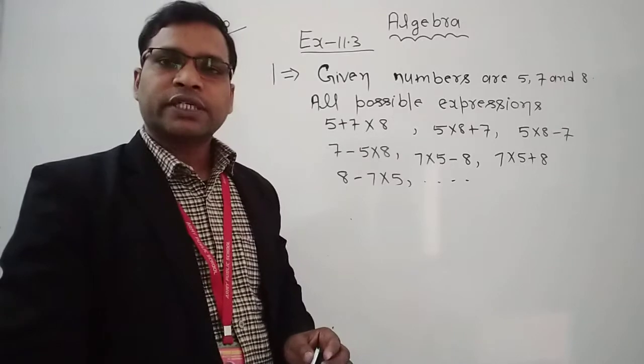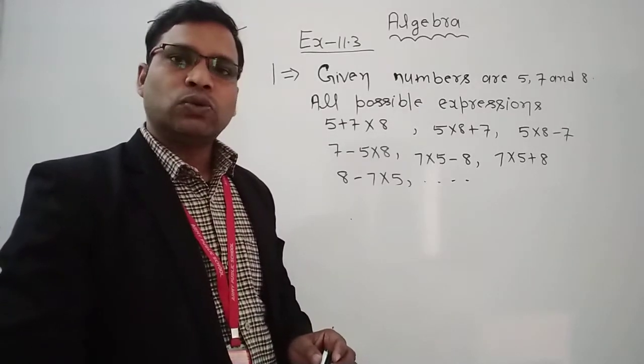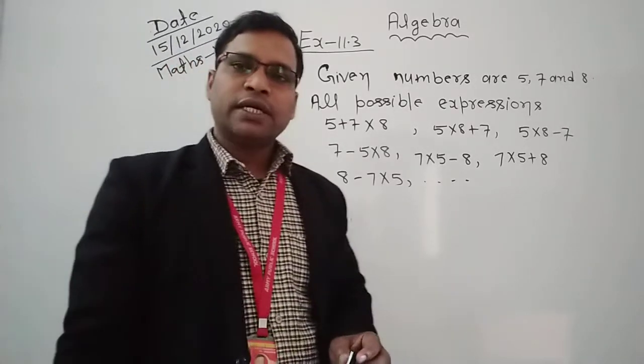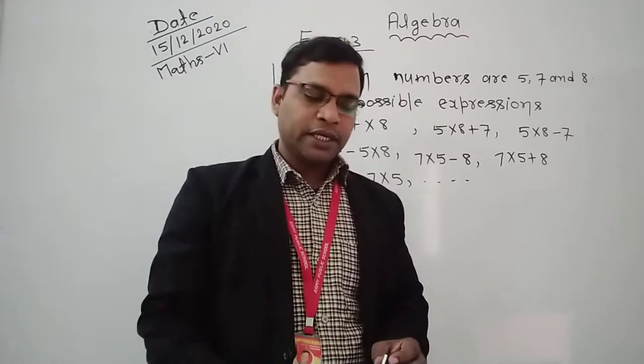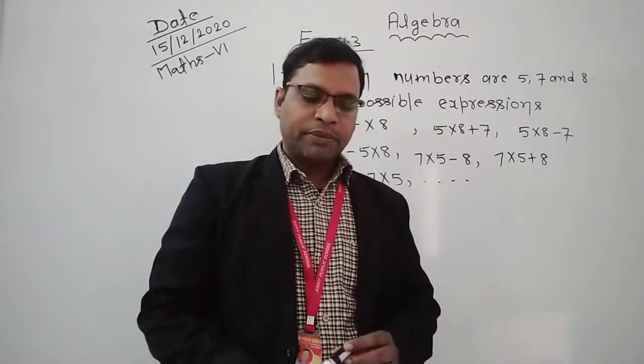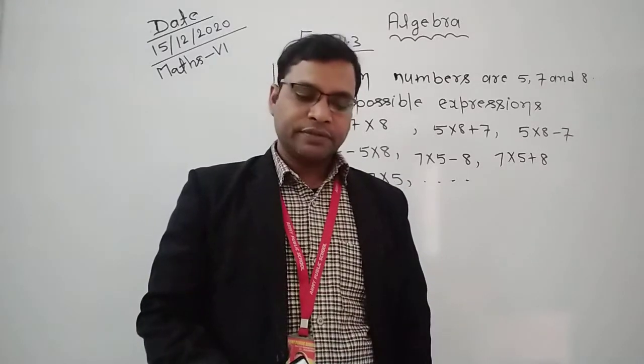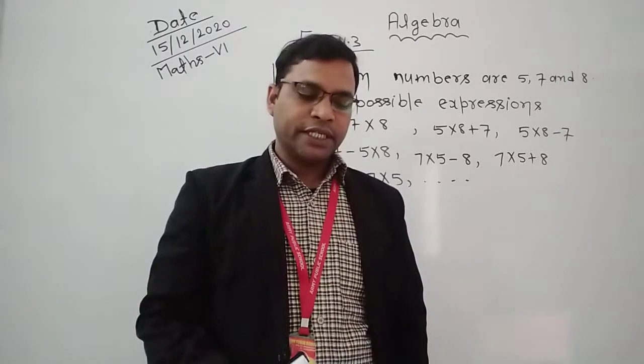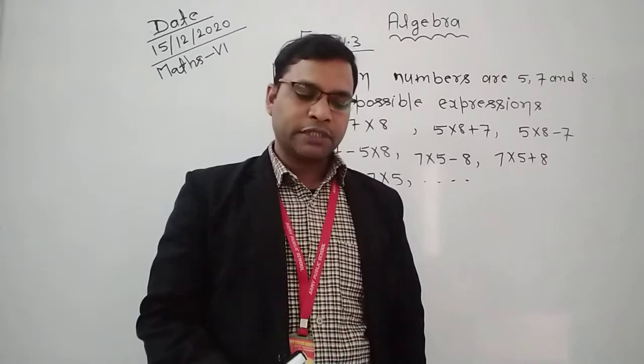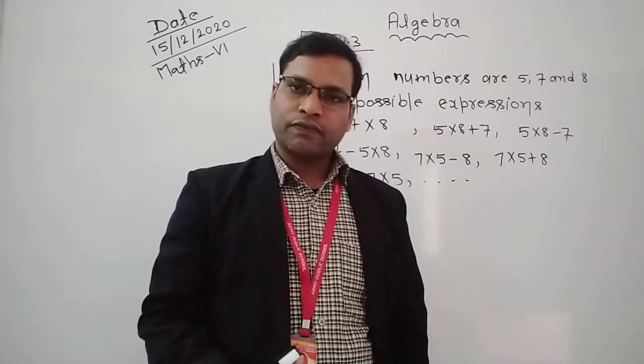Now we are going to discuss the next question, number 2, exercise 13.3. It is given: identify the operation, addition, subtraction, multiplication, division, in forming the following expression and tell how the expression has been formed.